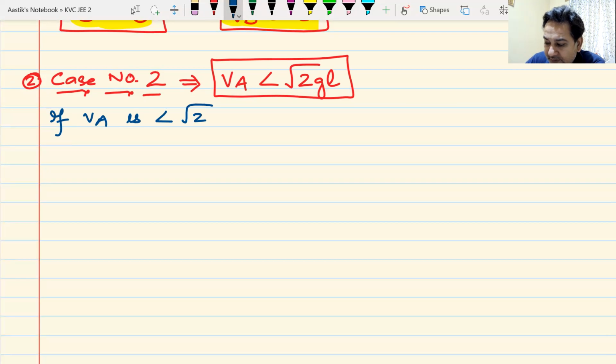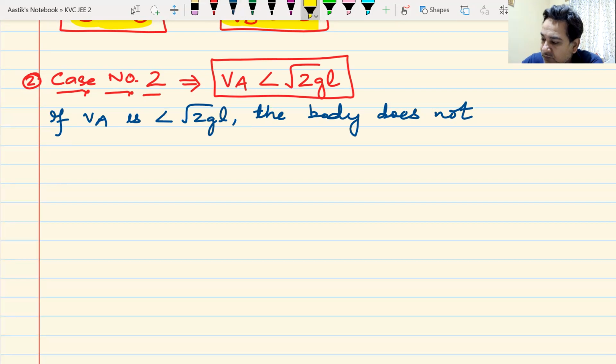If VA is less than root 2 GL, the body does not... what? Does not what?